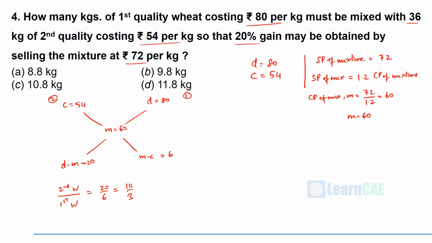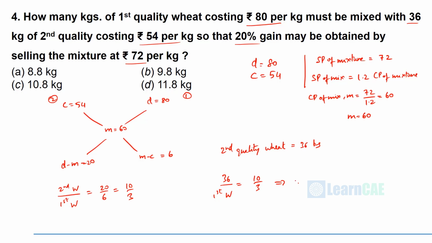They are saying the second quality wheat is 36 kg. Second quality wheat is equal to 36 kg. Therefore, we shall substitute here 36 kg divided by first quality wheat is equal to 10 by 3. So, this is nothing but 3 into 36 divided by 10, that is 108 by 10.